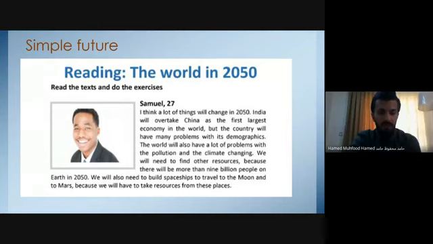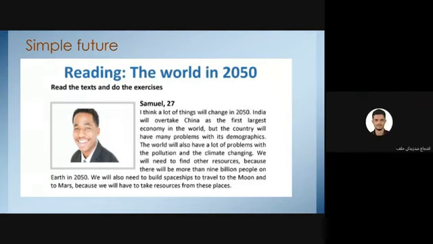I think a lot of things will change in 2050. India will overtake China as the first largest economy in the world, but the country will have many problems with the demographics. The world will also have a lot of problems with the pollution and the climate changing.